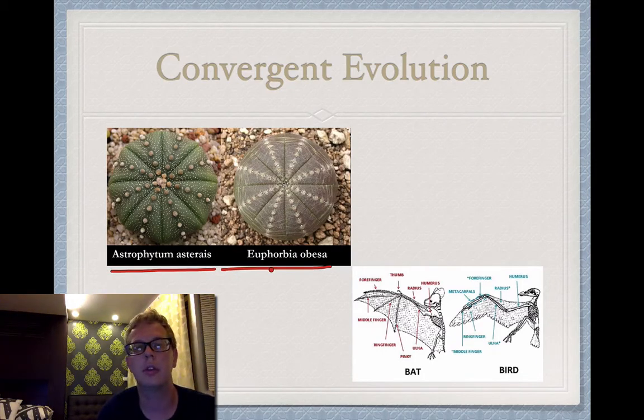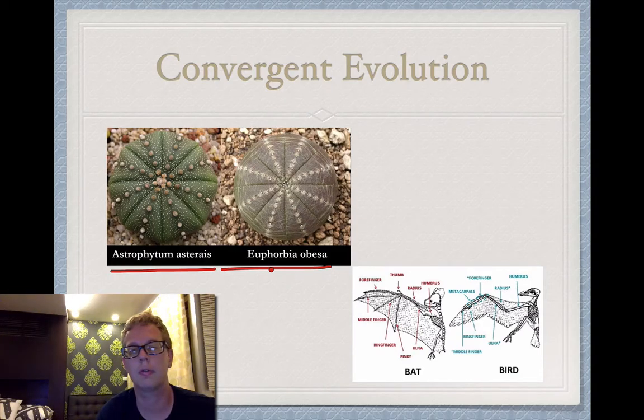Both of these are very similar in looks, but they are from two different phyla, and so they're not very closely related. It's what's referred to as convergent evolution. And that means that species that are not closely related can have a similar physical appearance because they have evolved to fulfill a certain need.